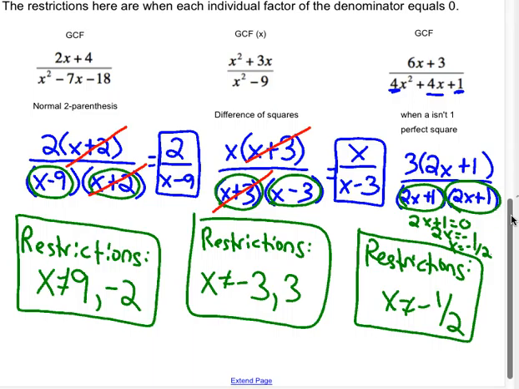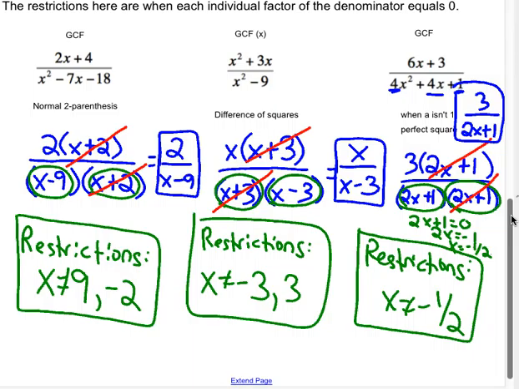And now, let's cancel those up. So my simplified version is going to be 3 over 2x plus 1. All right, so that's what our simplifying process looks like if I give you a rational expression.